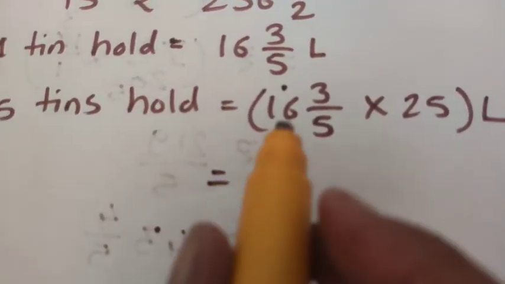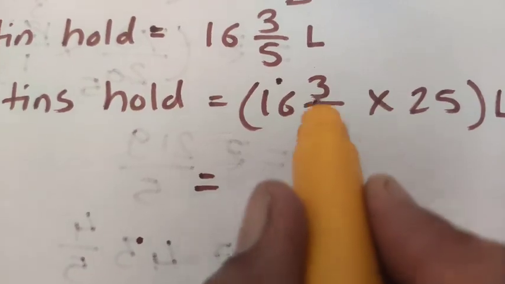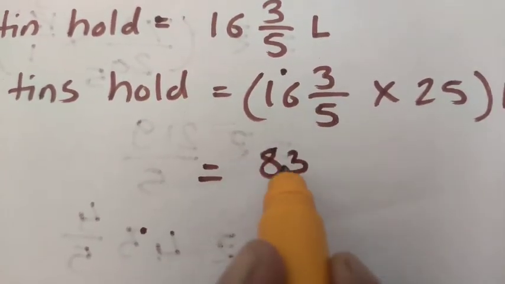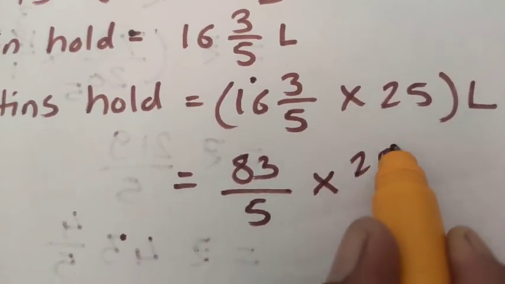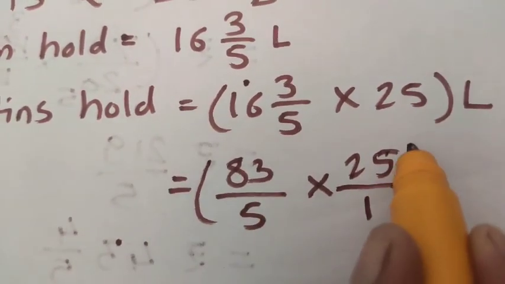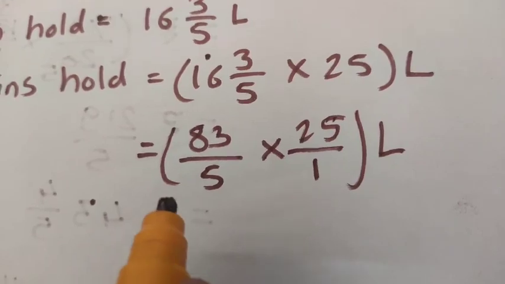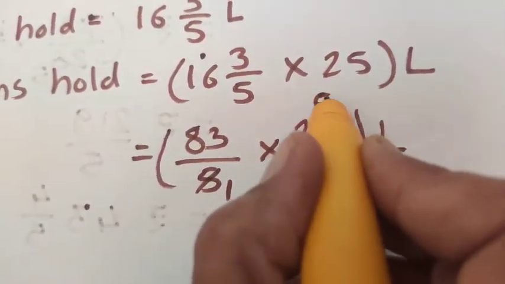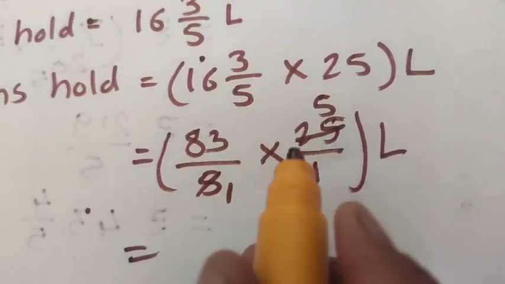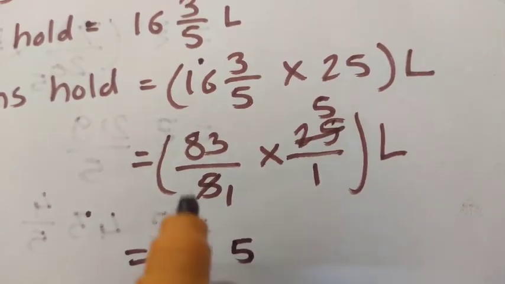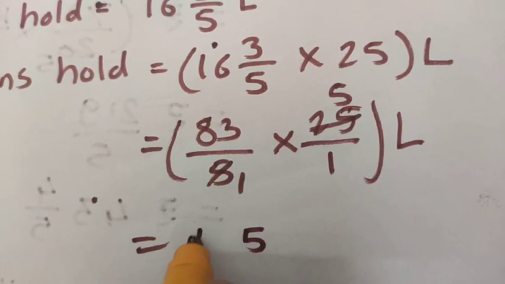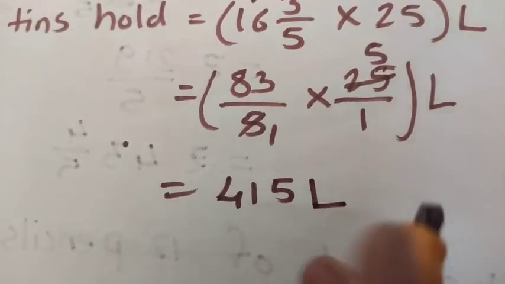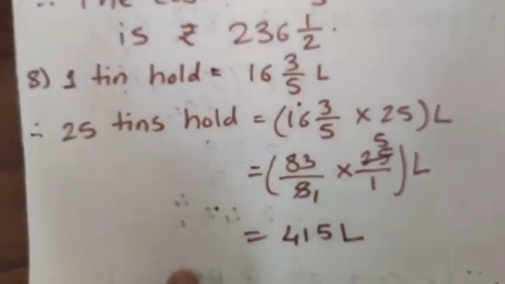Convert into improper. 16 5s are 80 plus 3, 83, 83 by 5 into 25 by 1 liter. 5 1s are 5, 5 5s are 25. 83 and 5, 5 3s are 15, 1 carry, 5 8s are 40 plus 1, 415 liters. So the statement you have to write here.